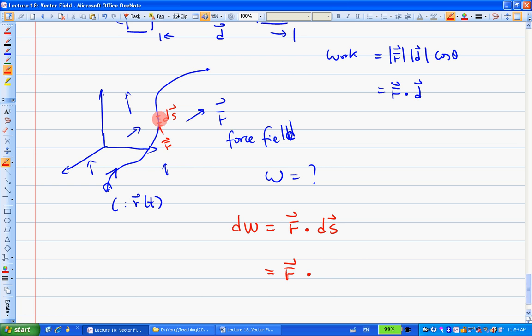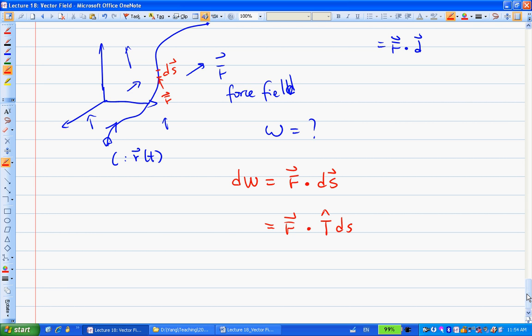Tangent vector, right? The direction of the motion displacement is basically the tangent direction of the curve. So I can use the t hat, which is the unit tangent vector, multiplied by the segment of the distance or the length. Now this time I can change the vector ds back to the regular ds.